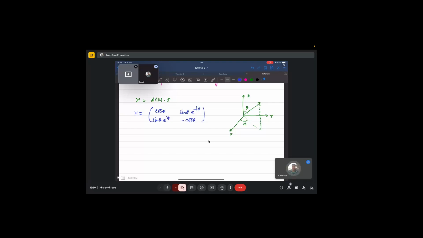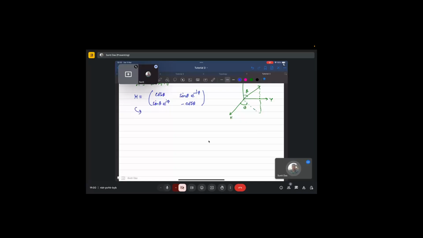Okay. In fact, this is similar to considering a spin in a 3D magnetic field, which in general has x, y and z components.